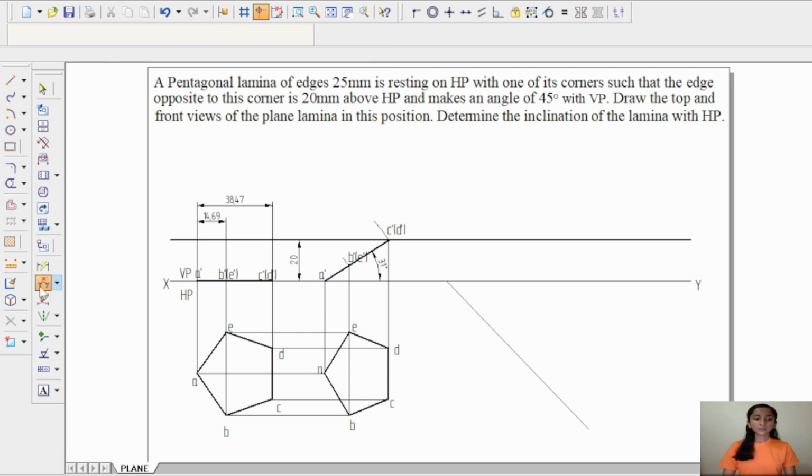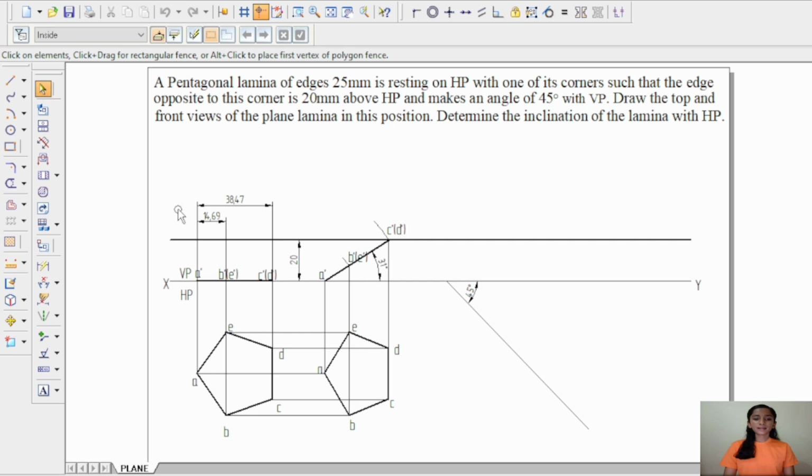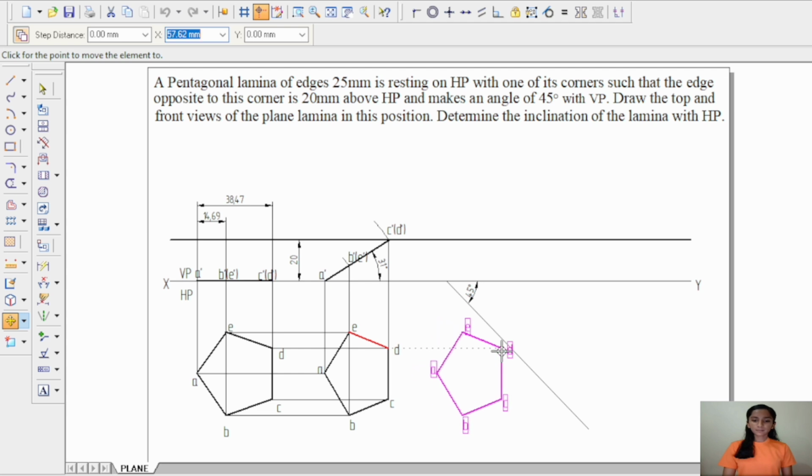Now using angle between command, let's mark the angle that's 45 degree. Go to select option and select the pentagon. After selecting the pentagon, go to Move option, select point D and place it on the 45-degree line.